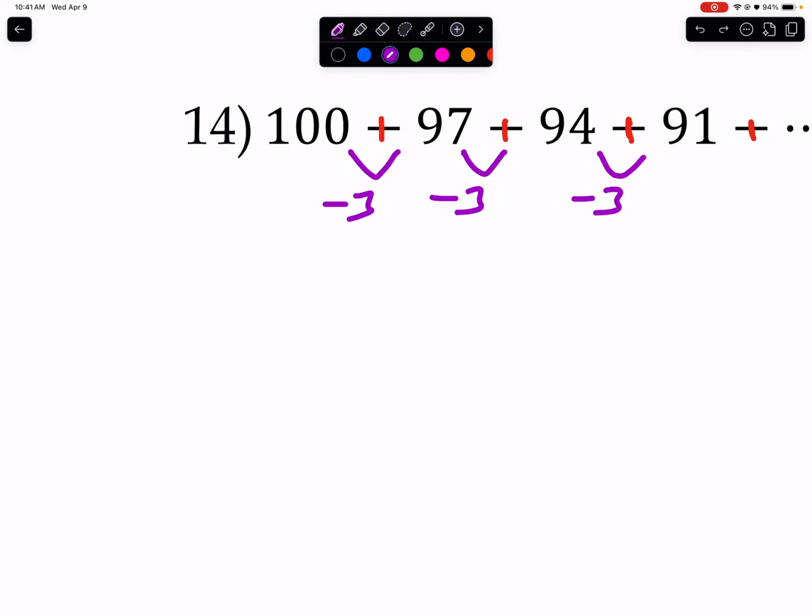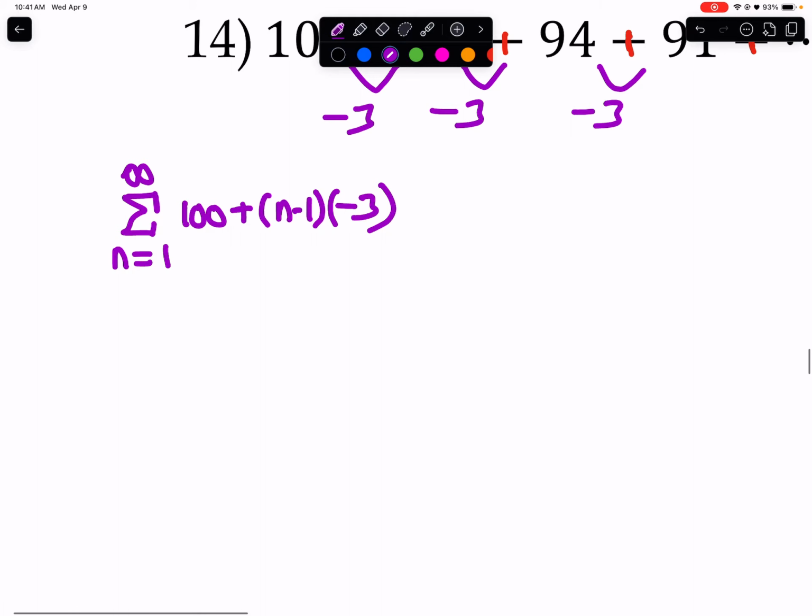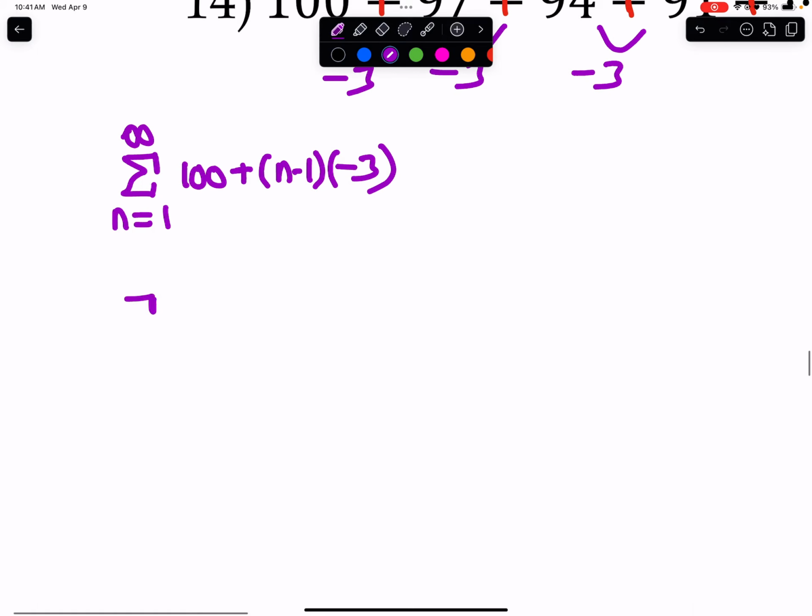So I'm going to go ahead and start with my sigma. So this is going to be n equals 1 going to infinity. And then we're going to start with the first term, which is 100, plus n minus 1 times your common difference, which is negative 3. So I'm going to go ahead and distribute.